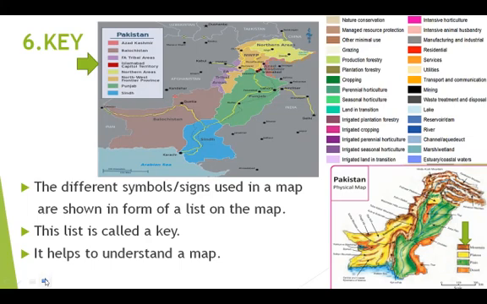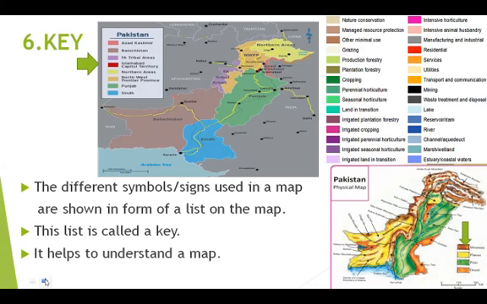On the top, we can see a Pakistan map. This is the administrative map of Pakistan. And with the help of the arrow, you can see here is a box which can show you Pakistan and its administrative divisions.